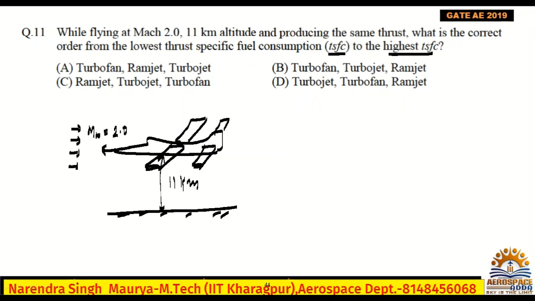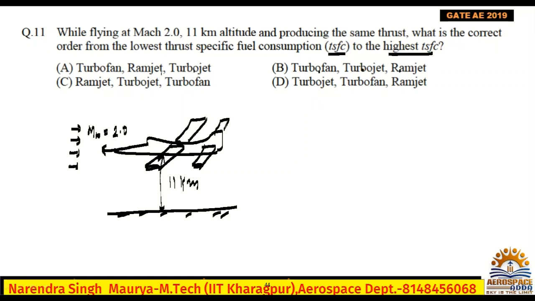to the highest? All right, they have given engines: turbofan, ramjet, turbojet, in different orders, means overall three engine-based aircraft they have given. One aircraft having turbofan engine, one having ramjet engine, one having turbojet engine, and they are comparing all three: which one will have the lowest specific fuel consumption, which one the highest.